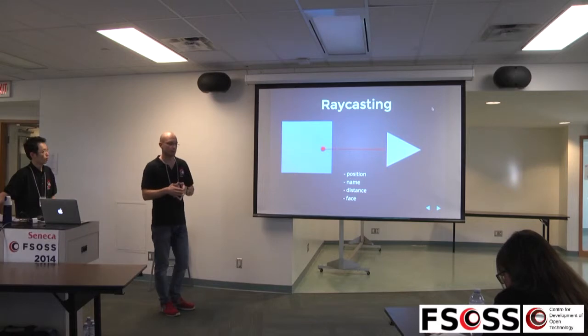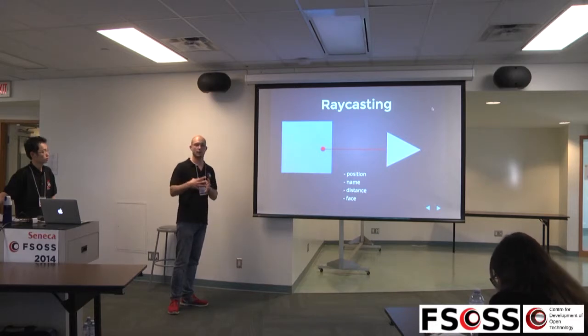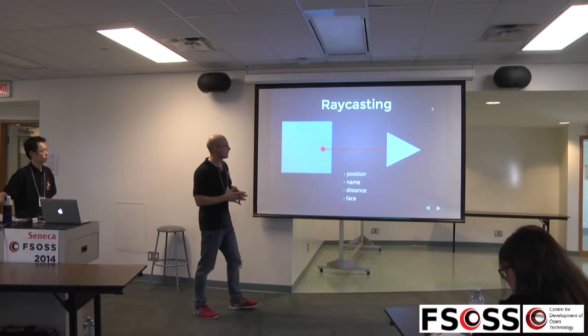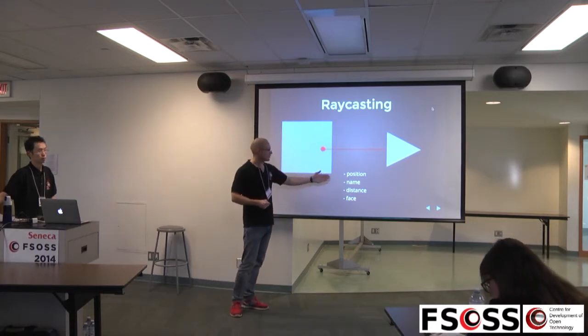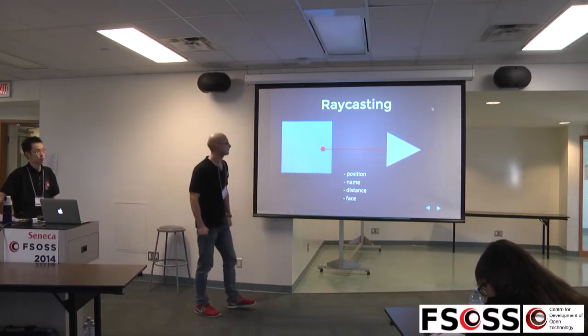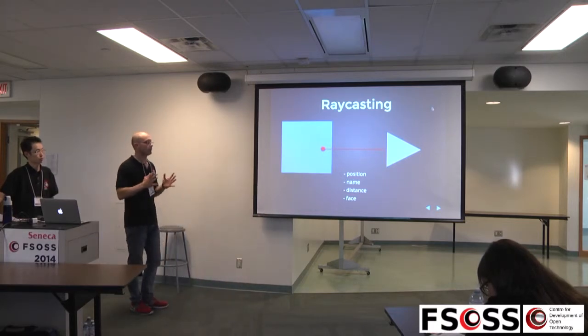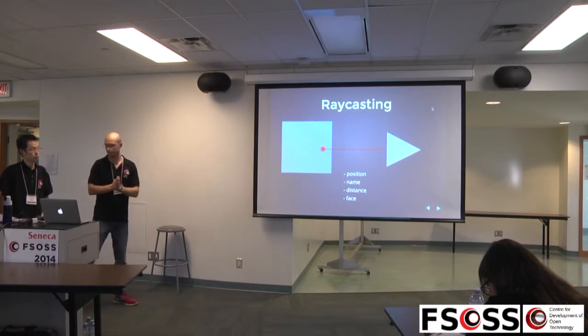If this ray hits any object on the way, or an array of objects that you specify, it will return data such as the position of this object in the 3D world, its name, the distance to it, and the face where the intersection occurred. Basically, this is how all the interaction in 3D is done.